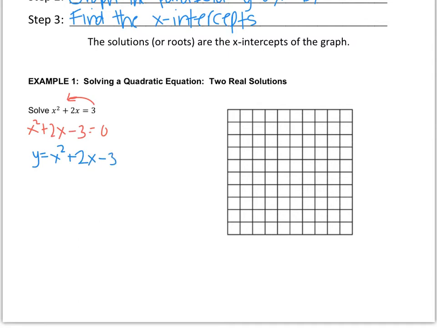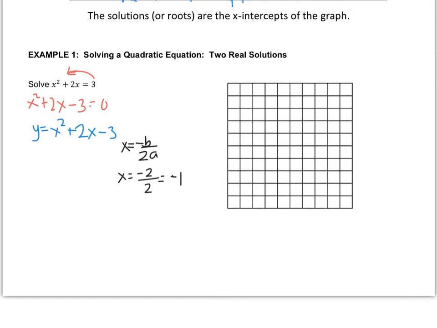So now let's go into our memory banks and brush some cobwebs off. You can graph this a couple ways, but the easiest one when it's in standard form is to find that symmetry line, the vertex. So I'm going to use x equals negative b over 2a. That gives me negative 2 over 2. So the vertex is at negative 1.